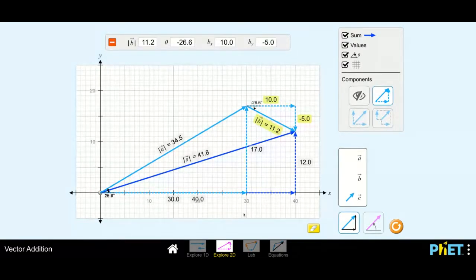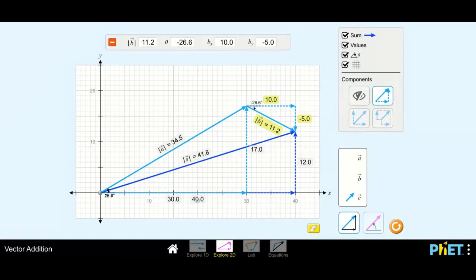Okay, and you can see pretty clearly here, if we now put in our numbers, that you can figure out the components of your sum vector S, and the components of the sum vector S are just the sum of the individual components in each direction. All right, so for example, the x component of vector A is 30, and the x component of vector B was 10, so the x component of vector S is 40, this number down here.